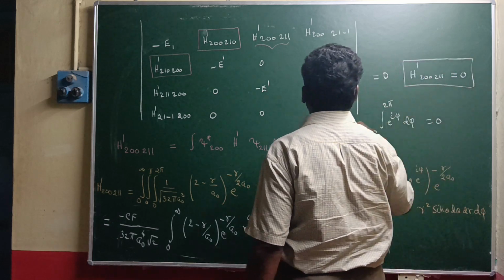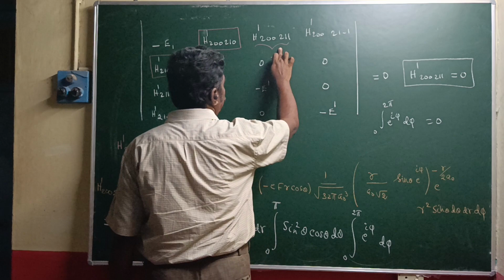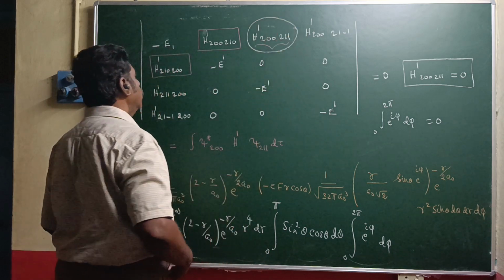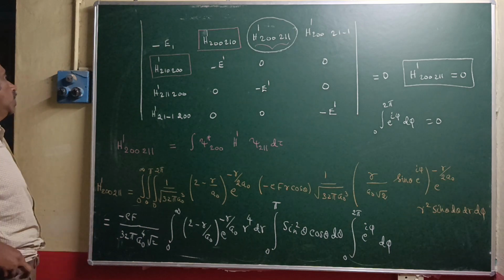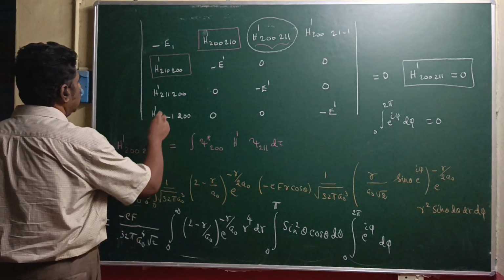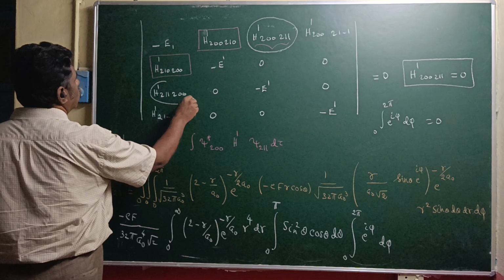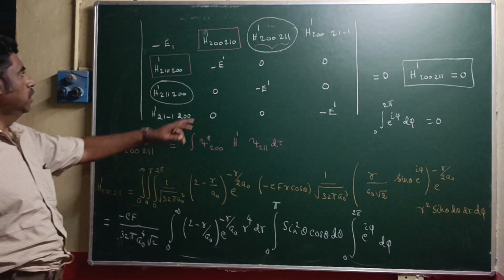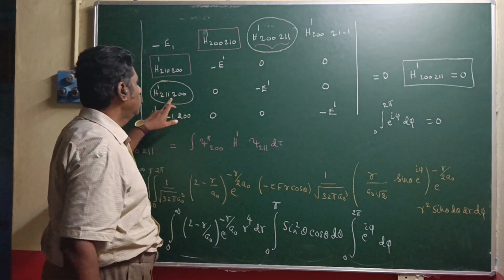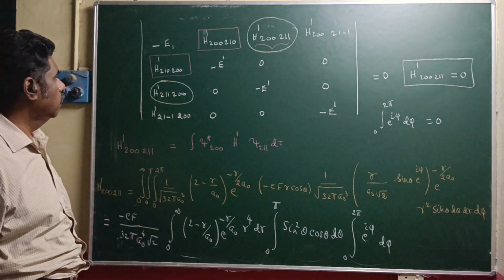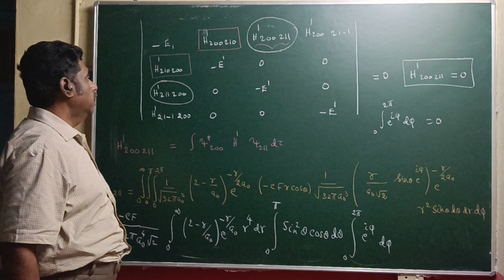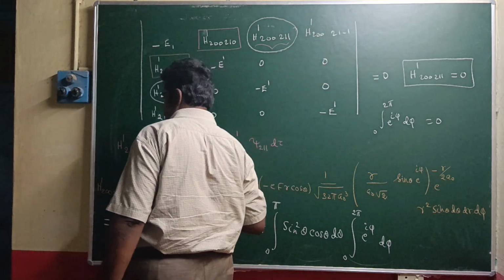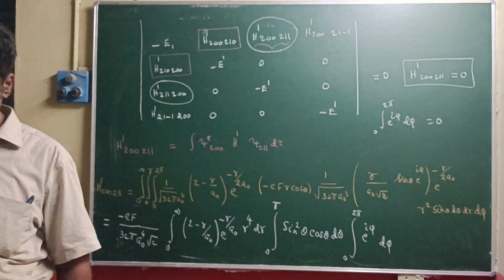This term is vanished. If H1 200 211 is vanished, automatically H1 211 200 is also vanished. If this is 0, this is also 0. In the same manner, we have to prove the value of H1 200 21 minus 1 is also 0. We will prove the same.